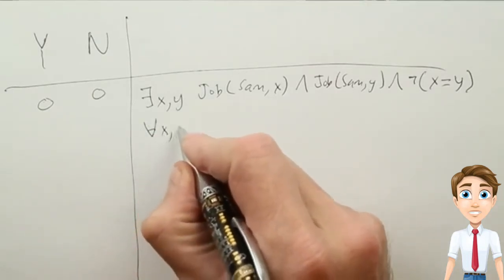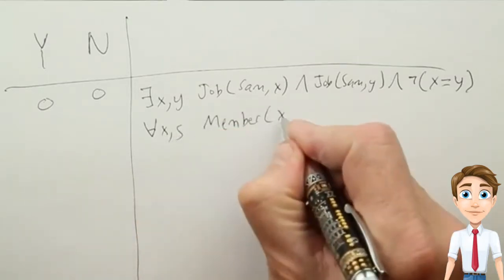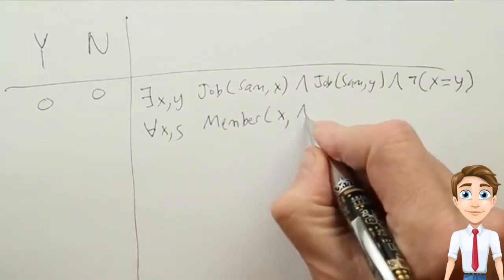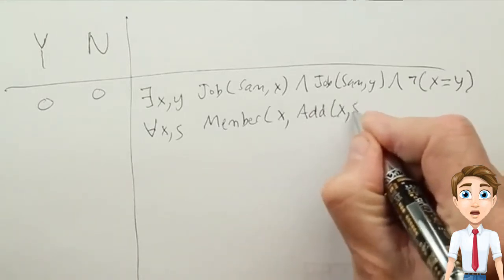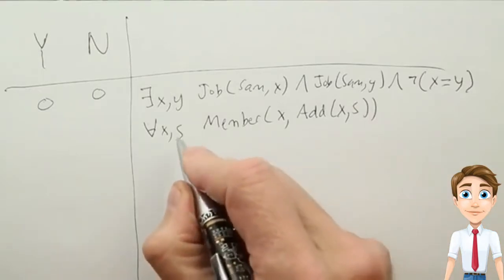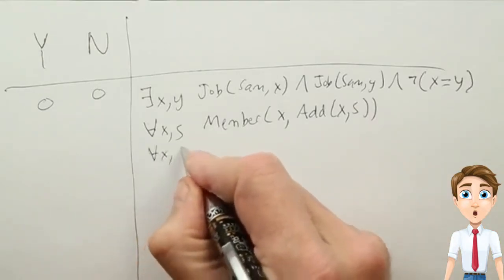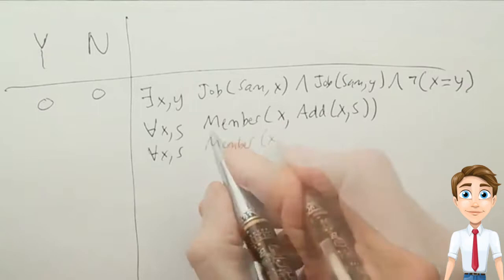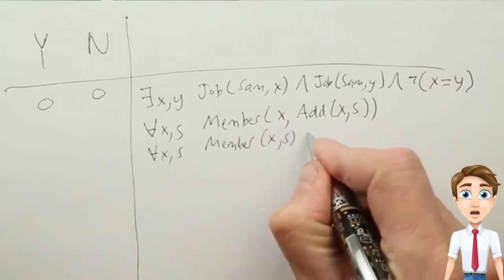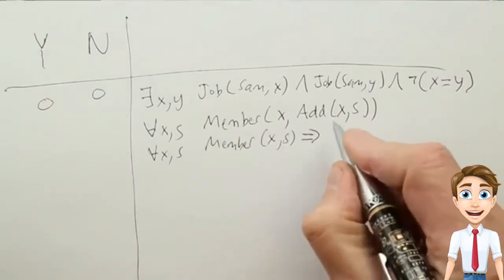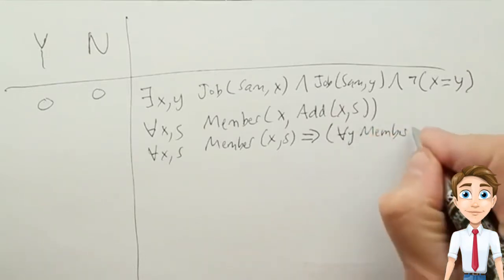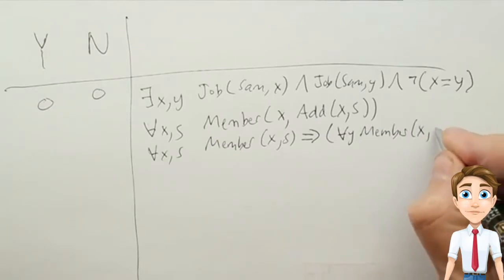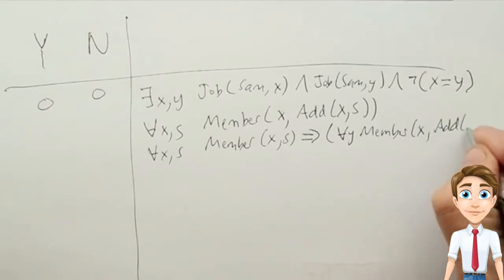For all X and S, X is a member of the result of adding X to any set S, and for all X and S, X is a member of S implies that for all Y, X is a member of the set that you get when you add Y to S.